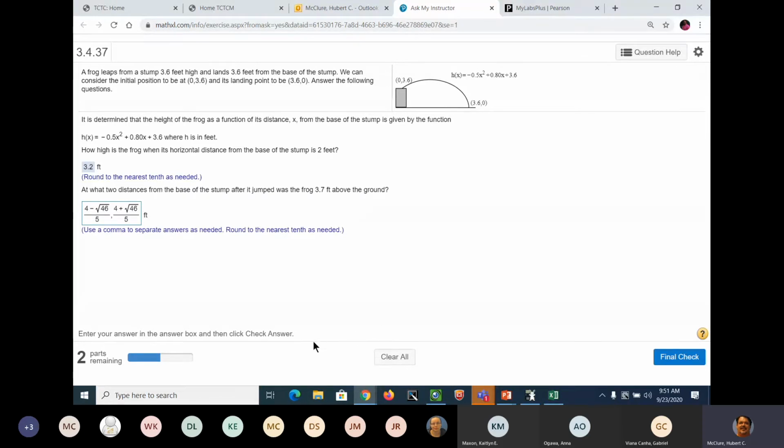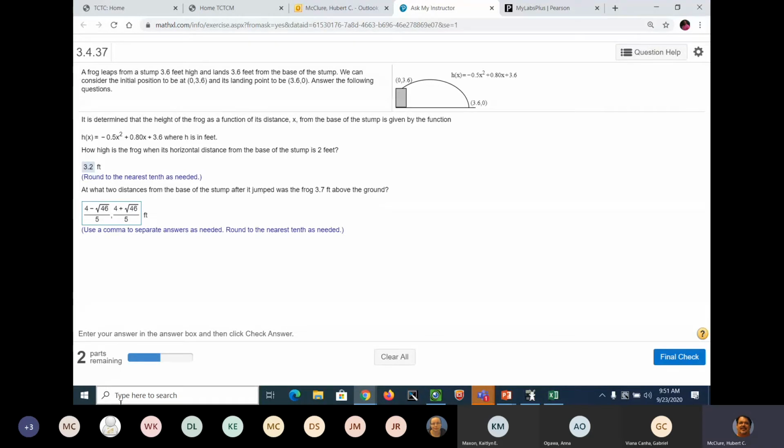A frog jumps from one place to another, and he's on a stump or whatever, and that stump is 3 feet 6 inches or 3.6, and he jumps from there and he lands on the ground or whatever. And that point right here is 0, 3.6.